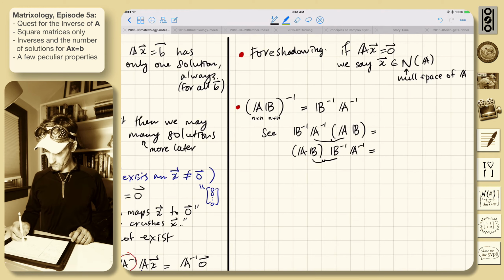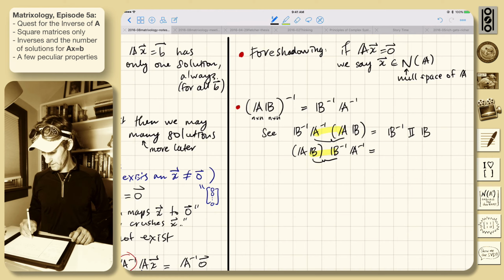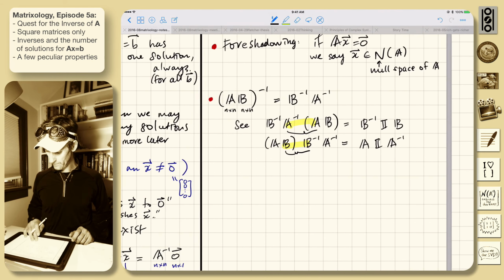These two here become I. So this will become b to the minus 1, and I'm just going to write out the whole thing, times the identity matrix times B. In this case, it'd be A. And then this stuff is replaced by the identity matrix, and then a to the minus 1. Very important.